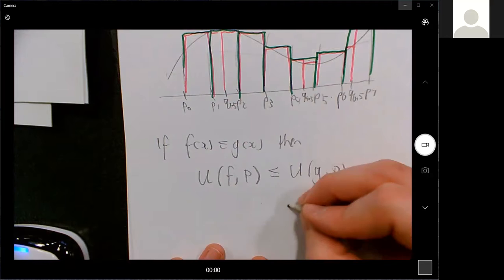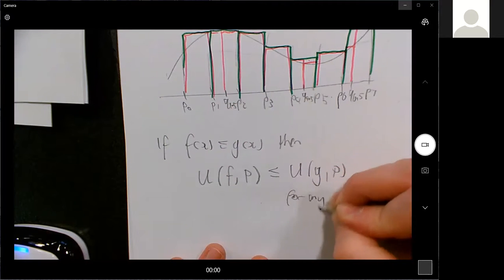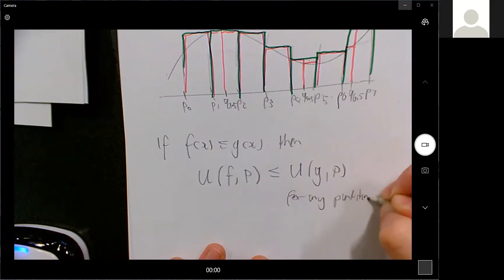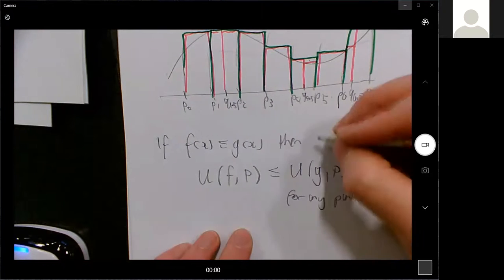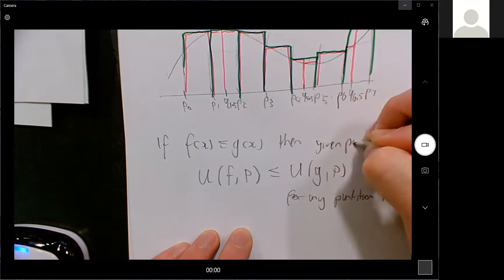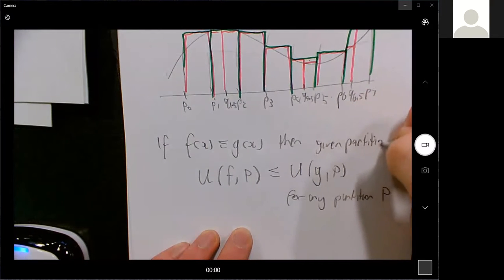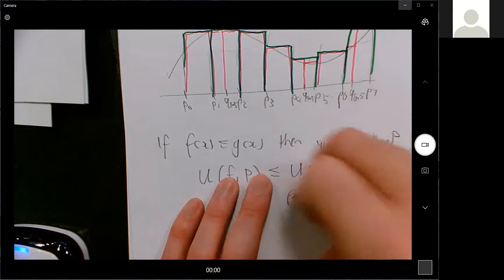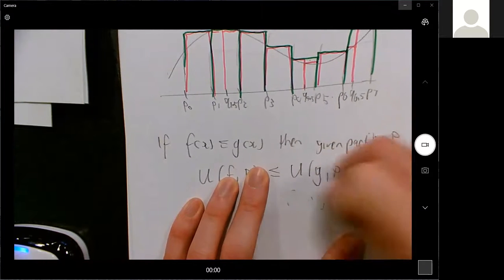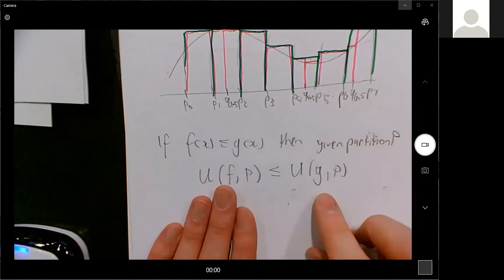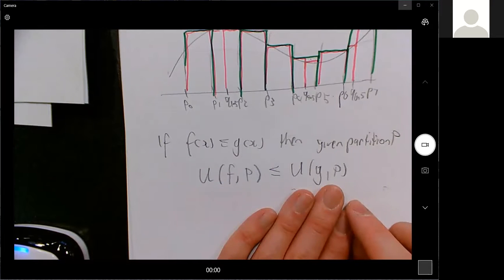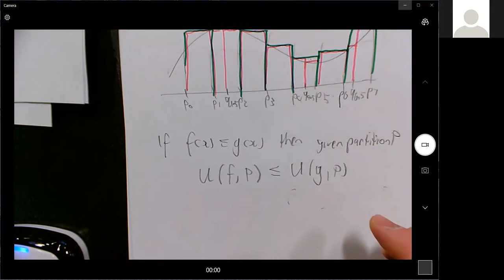Yep, that's it. So given a specific partition P, the upper sum for f would have to be less than or equal to the upper sum for g, which makes sense to me: all the function values are less, and so the supremum of all of them would have to be less as well, or equal.